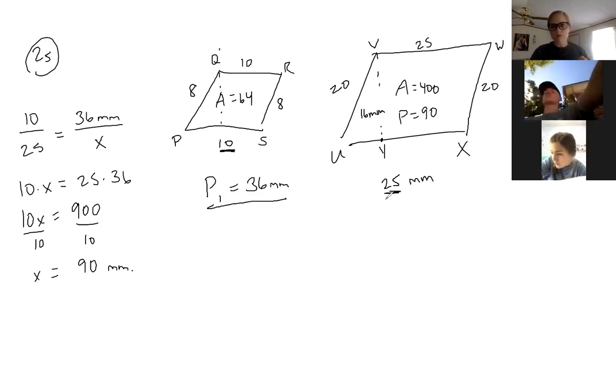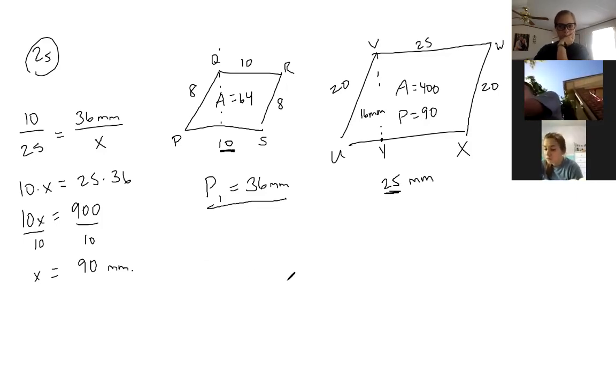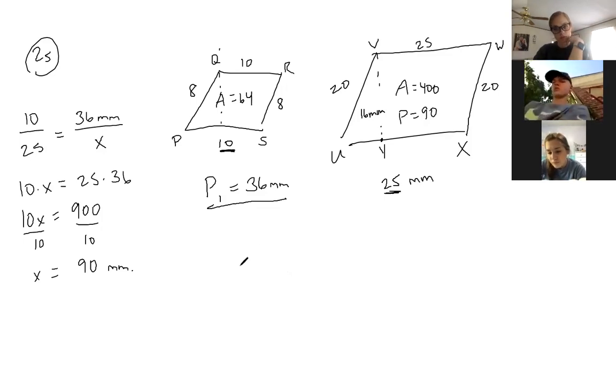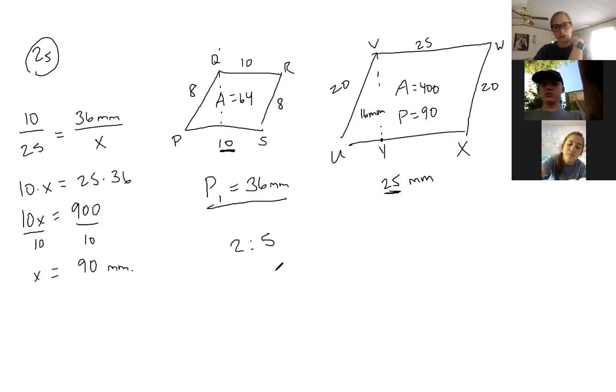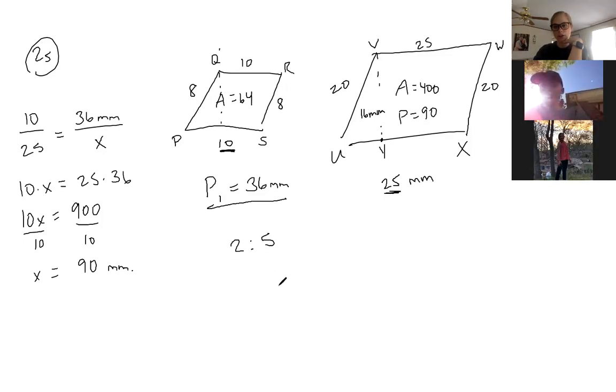What was the ratio we found in number 23? It was 64 over 400, and then 10 over 25. So ultimately, we found that our ratio of corresponding sides was 2 to 5, right?